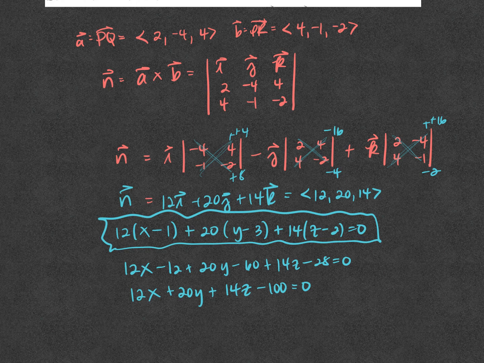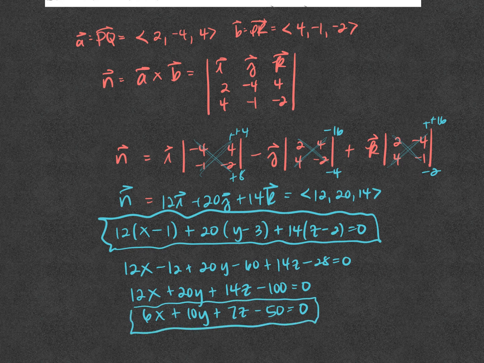Now you can divide that by 2. So 6x plus 10y plus 7z minus 50 equals 0. And this is our equation of the plane, and that's what we were asked to find. It just took a little bit longer because we weren't given a normal vector. We were given points, but we can find those.